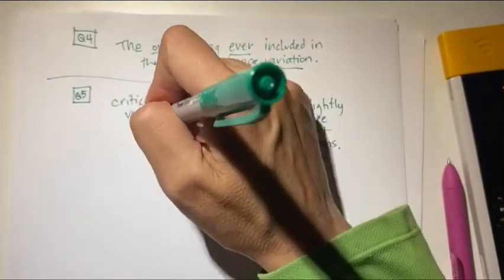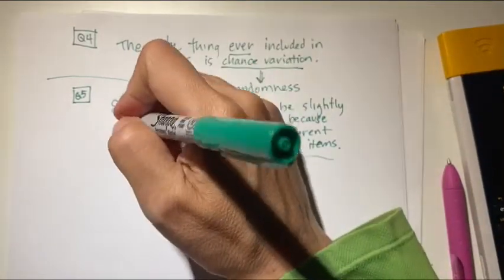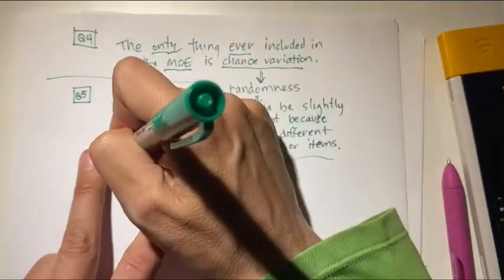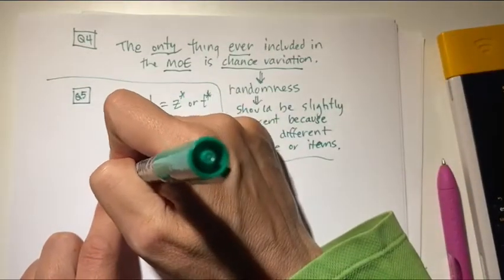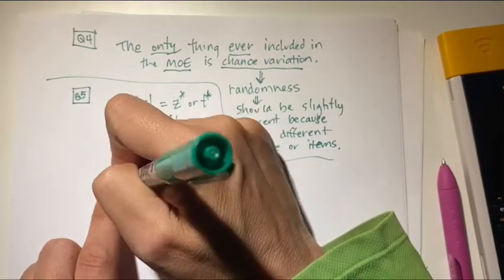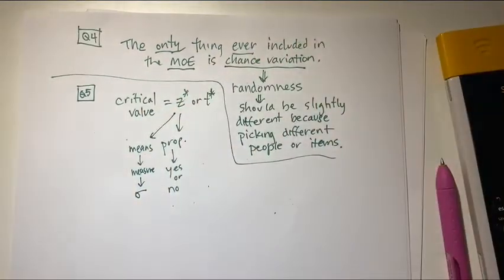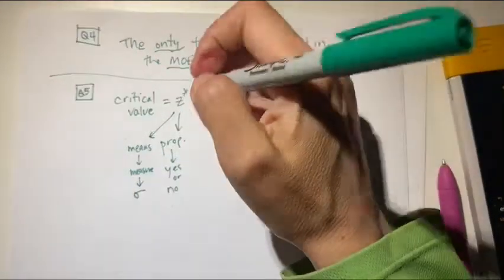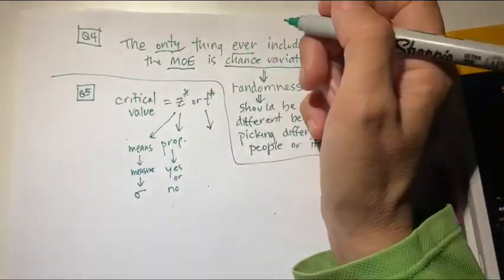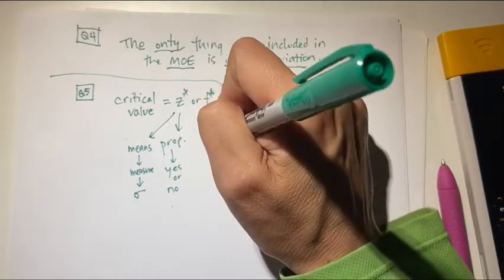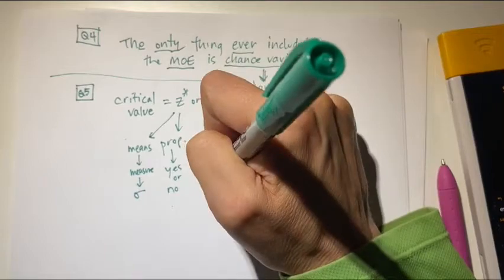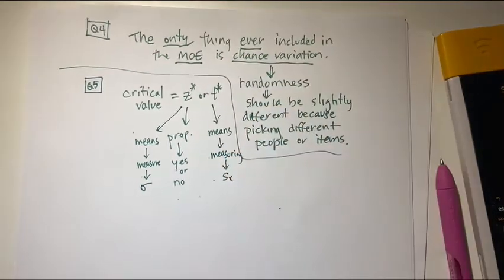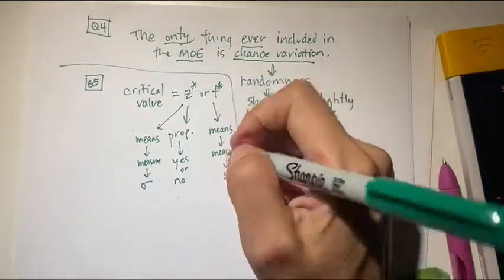When else would you be in a Z star situation? If you're doing a means question where you are measuring something and you have sigma, the standard deviation of the population. So when do we call this a T star? That's when you're doing a means question, which is you're measuring, and you only have the standard deviation of the sample, okay?